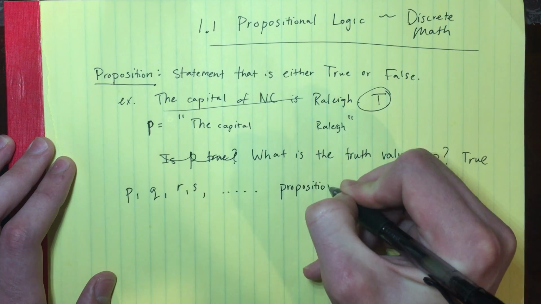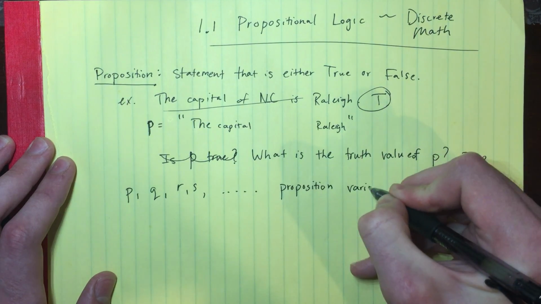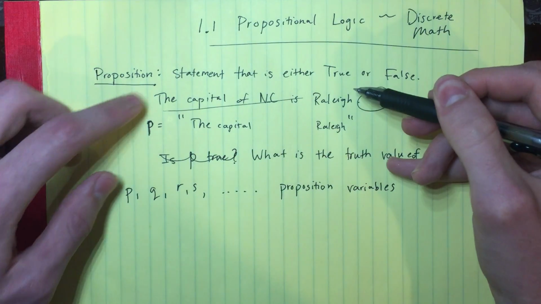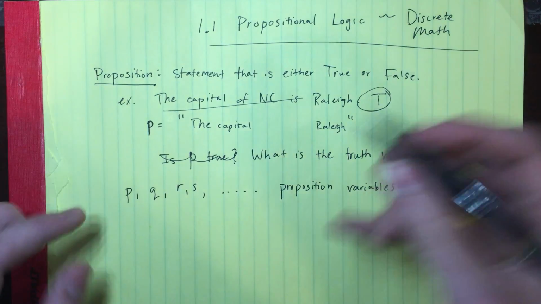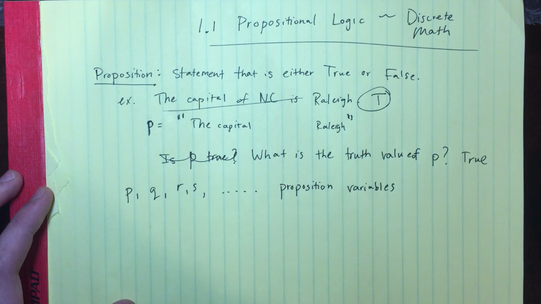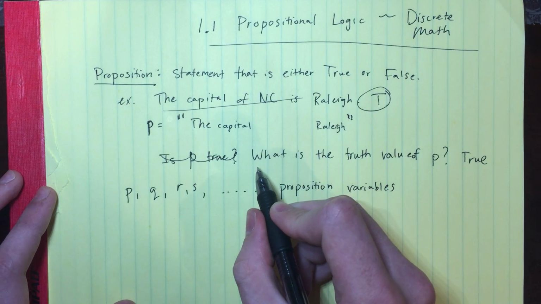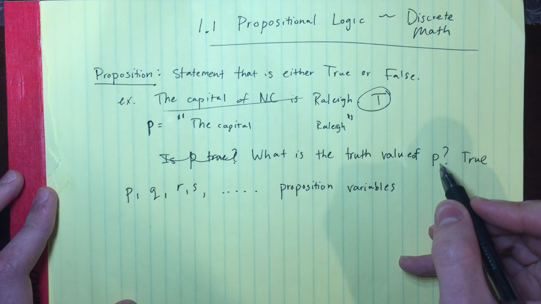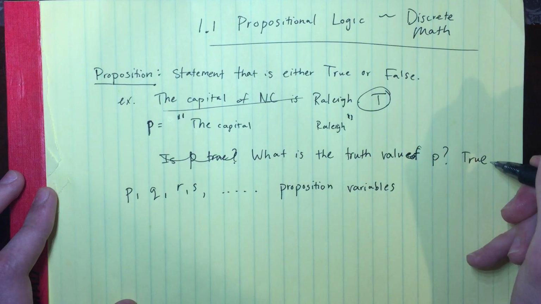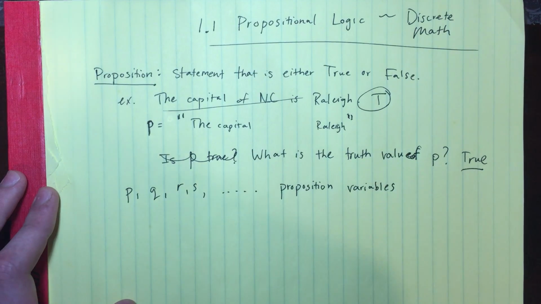All that means is we can set P equal to this statement, the capital of North Carolina is Raleigh. You can put quotes around it. Then you ask, what is the truth value of P? And you can say it's true. That would be the answer for the problem.